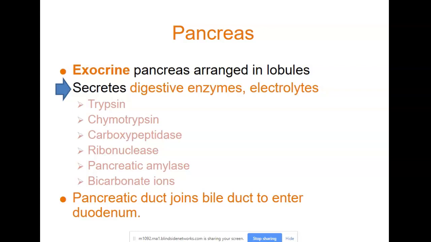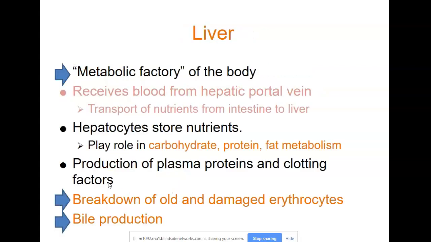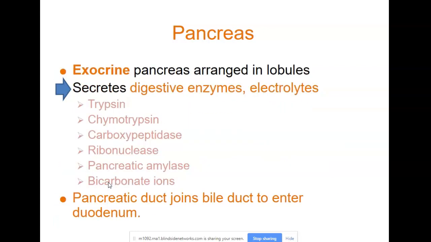So I also have highlighted here that your pancreas makes electrolytes. We're not necessarily talking about electrolytes that maybe you hear about with Gatorade, the sodium, the potassium. What's being made is bicarbonate ions. The reason this is super important is because your stomach, with no food in it, has a pH, with that hydrochloric acid, closer to 1.